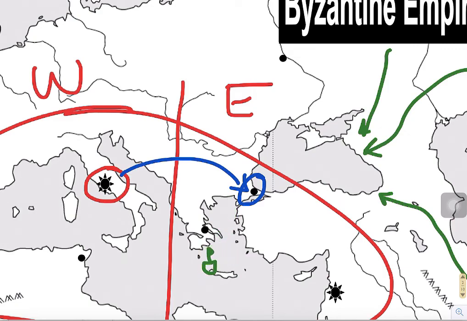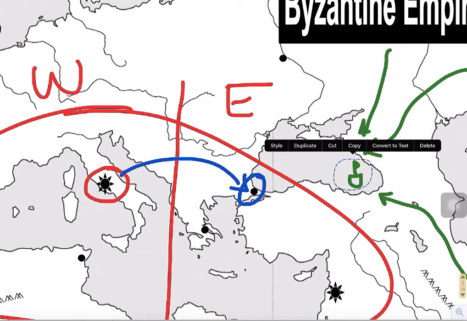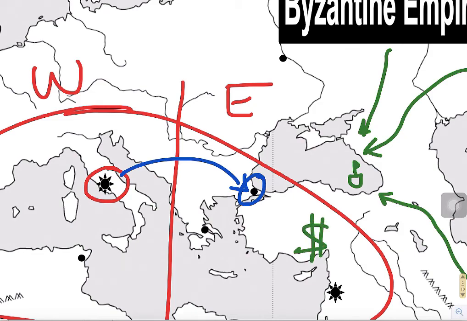And these boats would work their way out into the Mediterranean and then go into all different directions. So there's a good reason why Constantine would want to have the capital over here in the eastern part of the Roman Empire. So with that, we're going to see lots of prosperity to the east with all the trade networks.